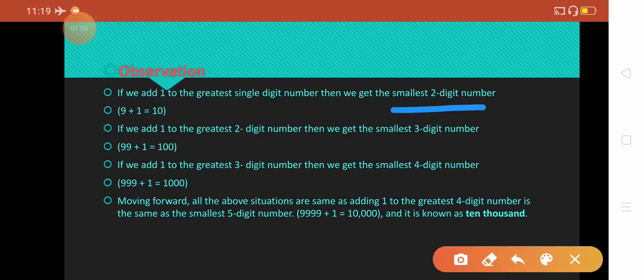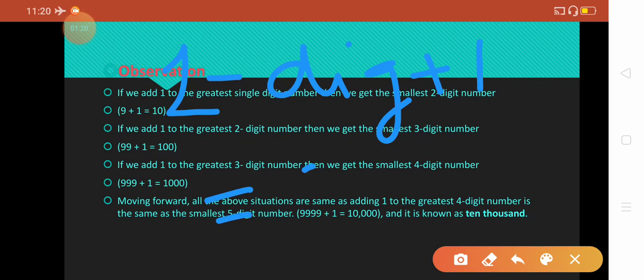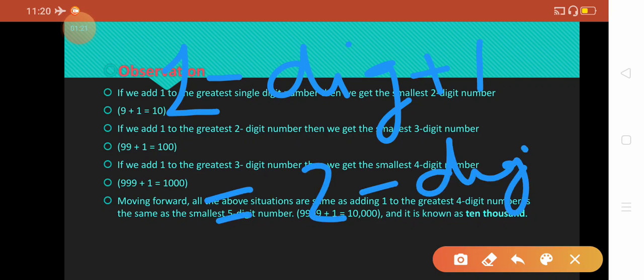So if you add 1 to the greatest number, you will get the smallest number of the next digit. For a one digit number, if you add 1, you will get the smallest two digit number. This is greatest, this is smallest.